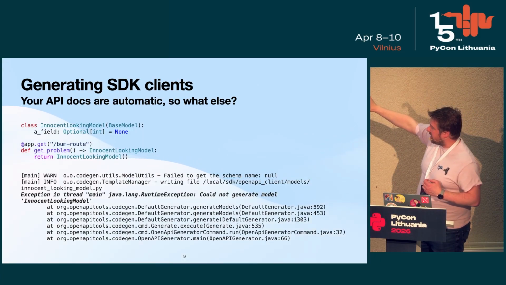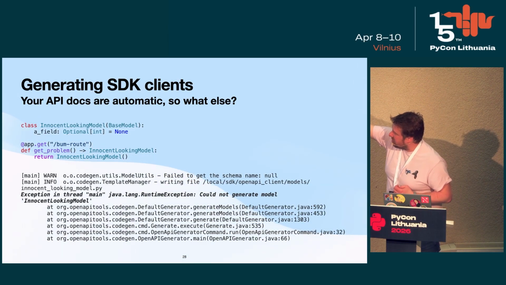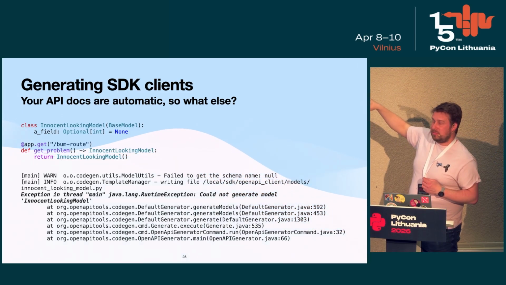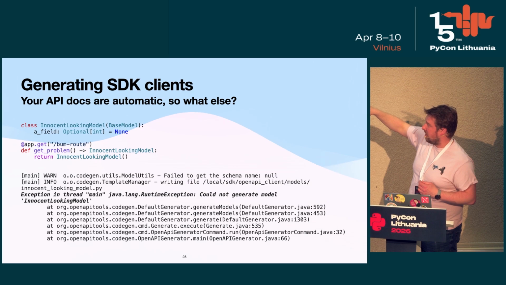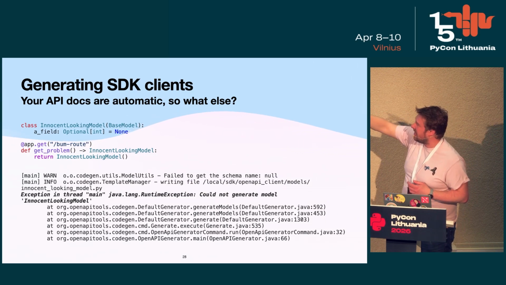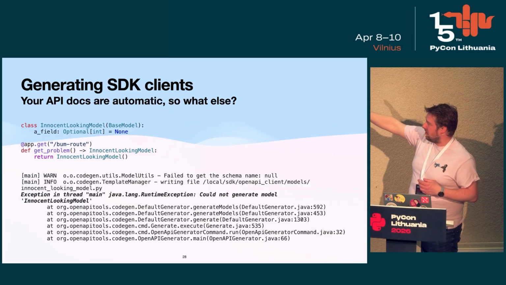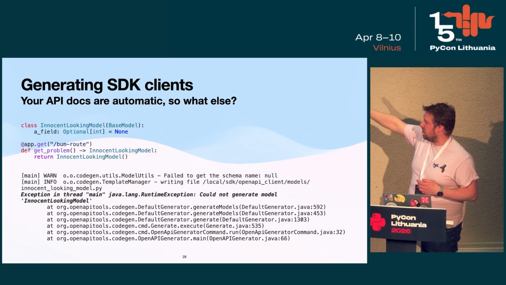In this particular client generator that I favor, which is from OpenAPI tools, this typing combination, an optional something, I've used int here, but I think it doesn't work with anything. An optional something with a default of None causes an exception when you're actually trying to generate the client.